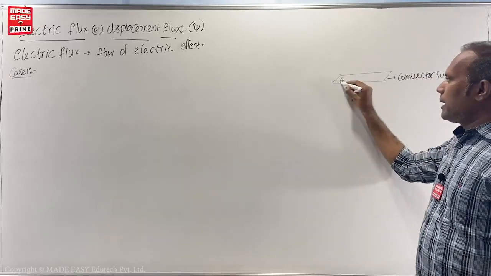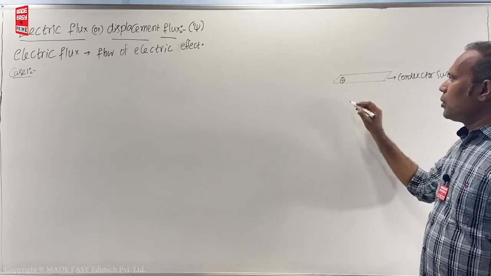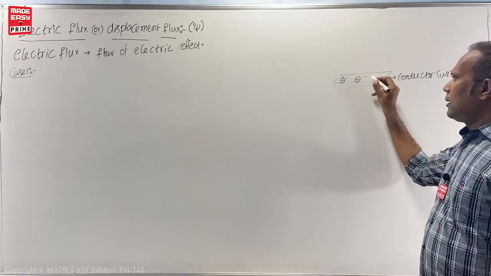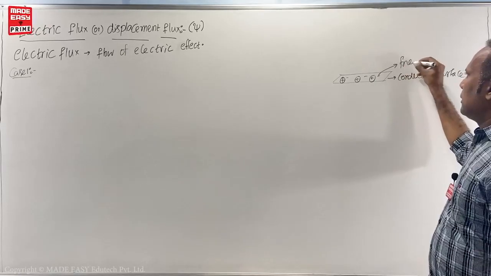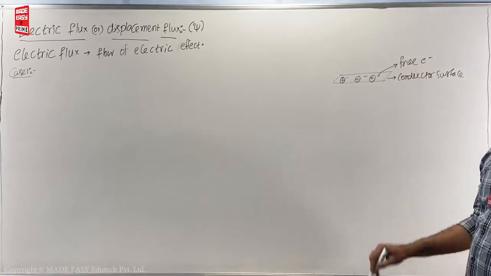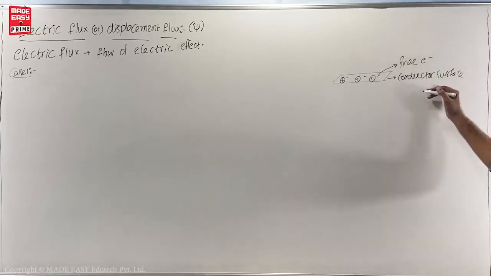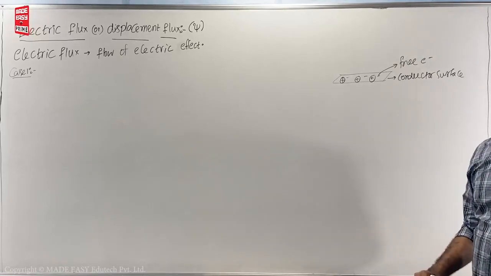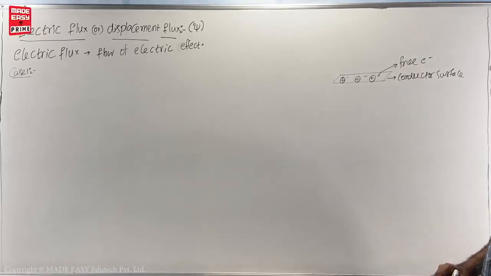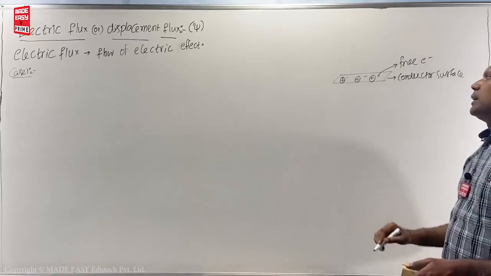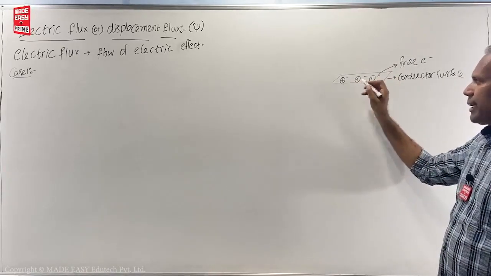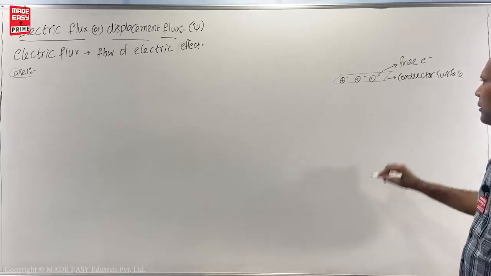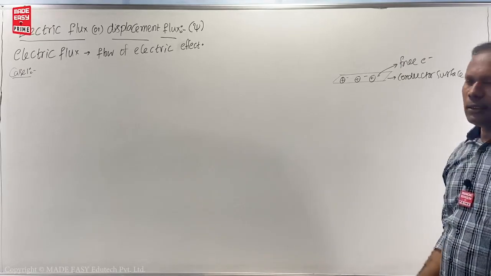Then that atom becomes an ion, which cannot move, and there is one free electron. These free electrons can move. So every conductor material has positive ions and electrons. I already told you previously also. The free electrons can move, but ions cannot move. And also this conductor surface is neutral.